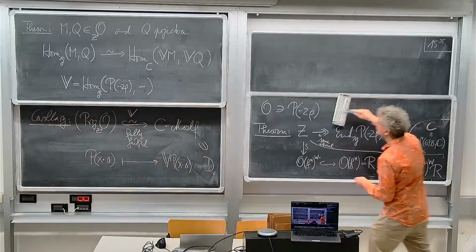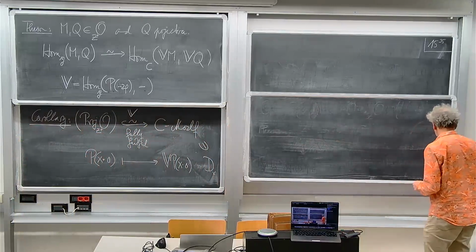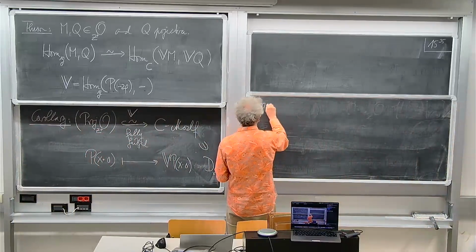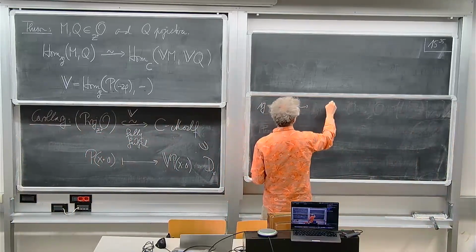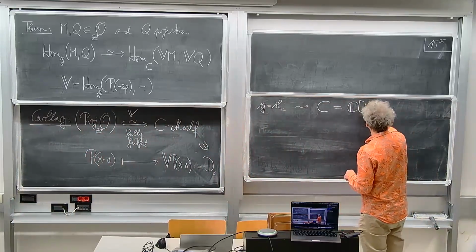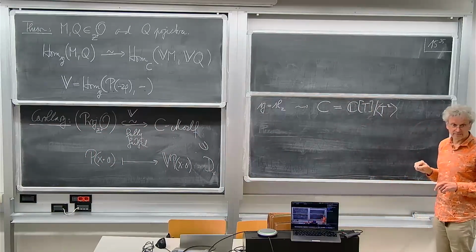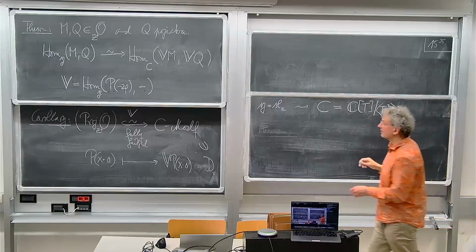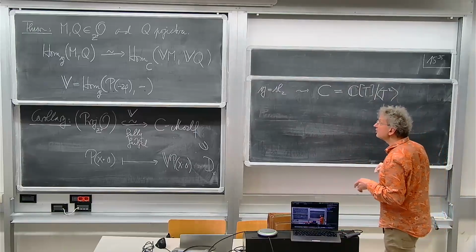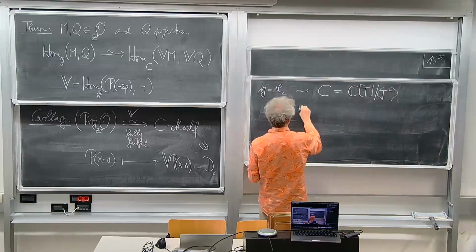So what will happen for SL2? Well, if the Lie algebra is sl2, then this algebra C is, let me use some variables, C[x] modulo x squared. It's the dual numbers. And there is one special module, say the trivial one.